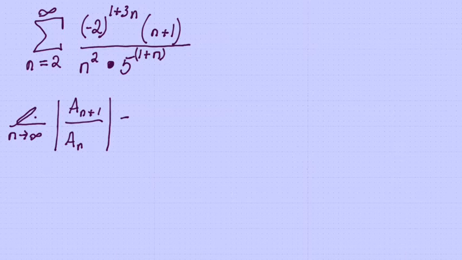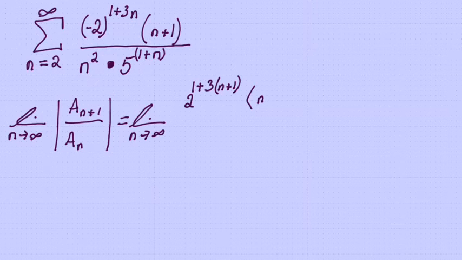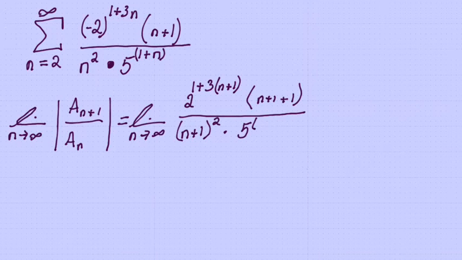So I'm just going to say that this is equal to the limit as n goes to infinity, God help me, 2 to the 1 plus 3 to the n plus 1 times n plus 1 over n plus 1 quantity squared times 5 to the 1 plus n plus 1, and that is the numerator of our ratio.